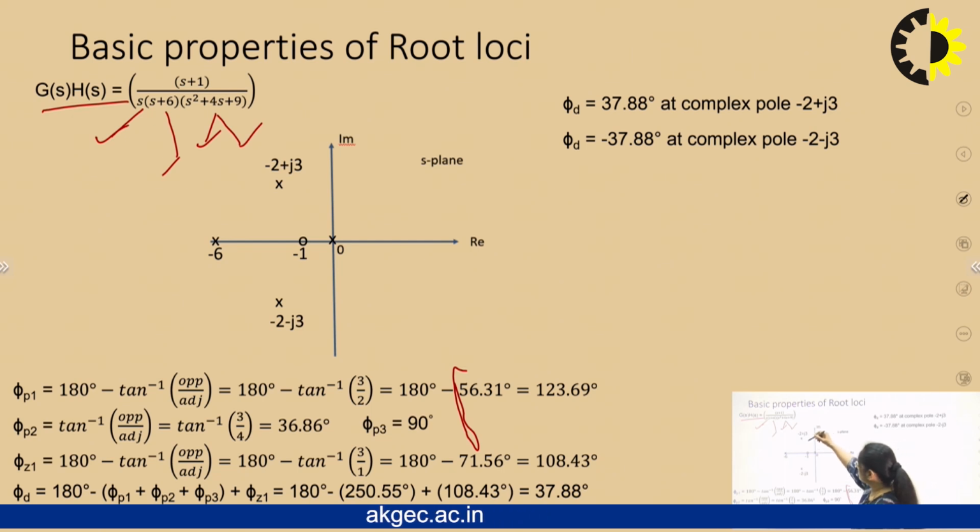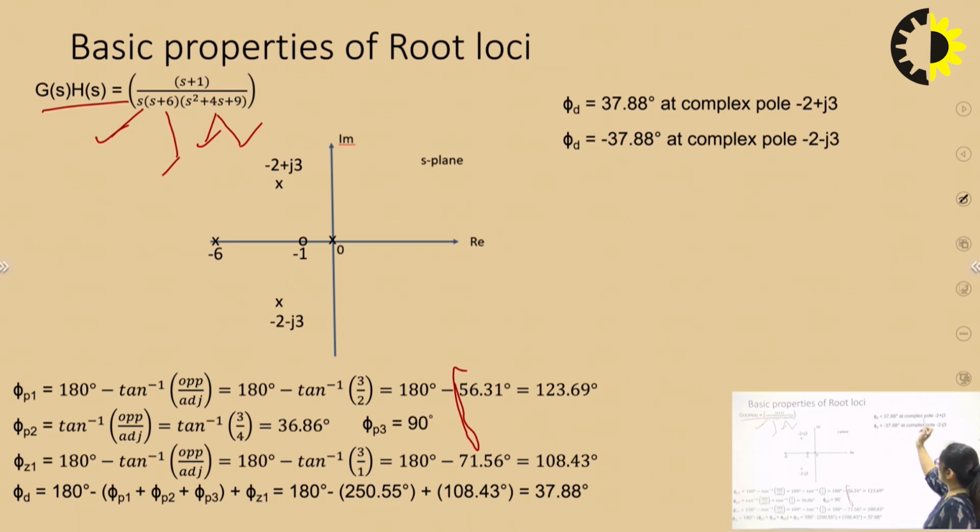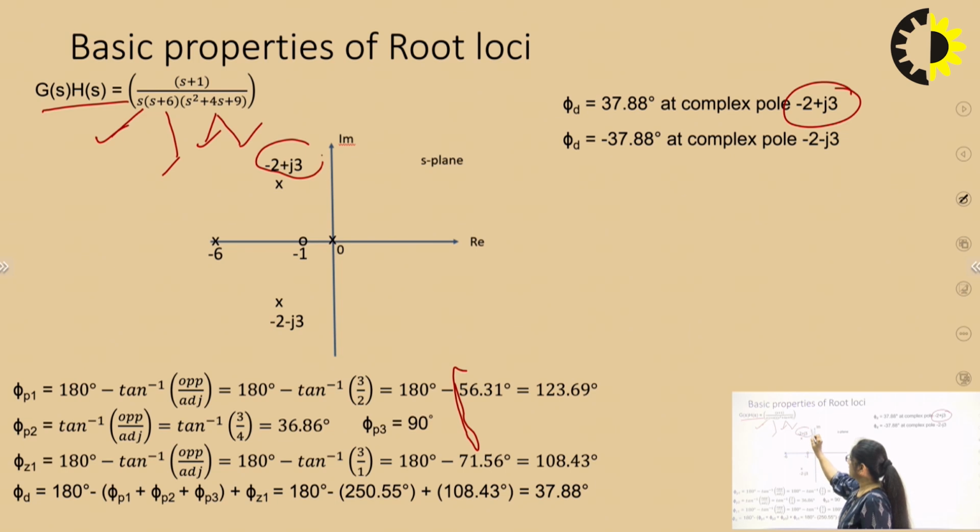We will find the angle of departure at the complex pole -2 plus J3. We'll draw a vector here, this line.